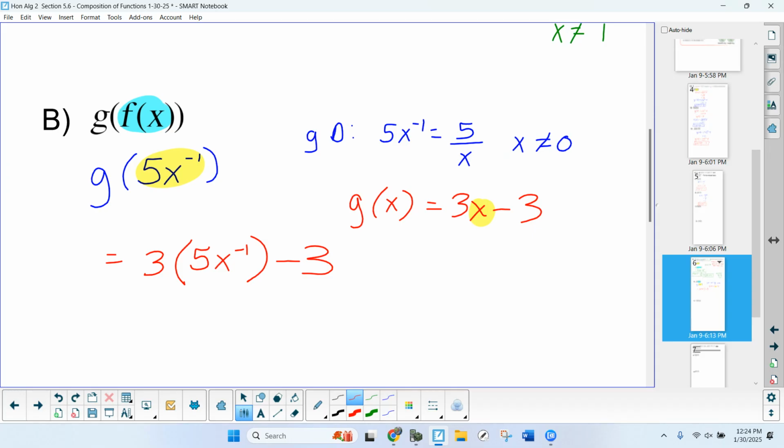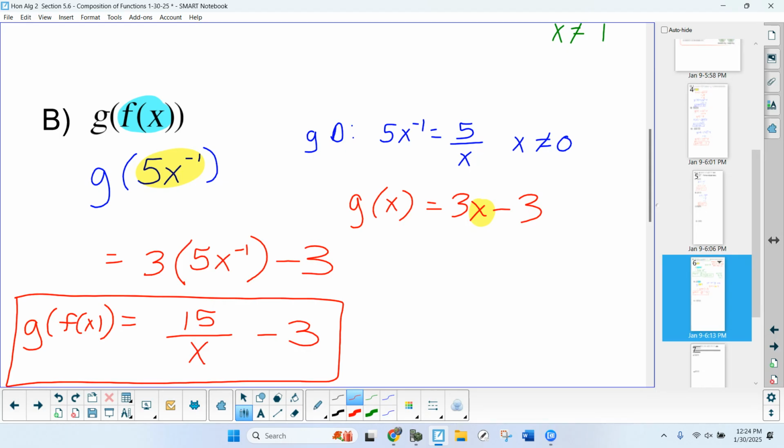Well, I am allowed to multiply these. If I had something out here, then I'd have to deal with that first, but I don't have anything out there, so I am allowed to just multiply. What's 3 times 5? And where does x to the -1 go? To the bottom. So this is g of f of x.